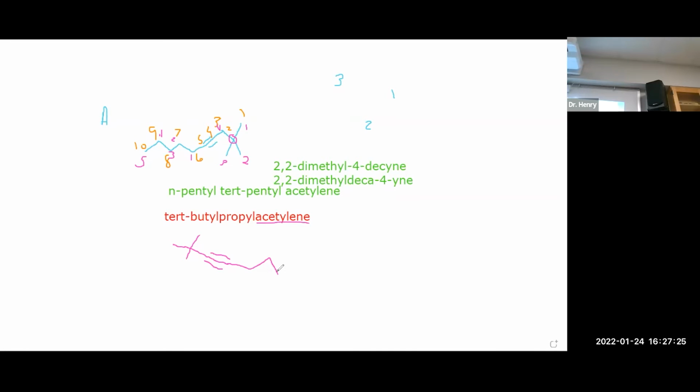You're saying the triple bond will always go away from the... Yeah, so the triple bond is going to be in the middle if there are two components. The triple bond is going to be at the end if there's only one. So for instance, if it was, say, 1, 2, 3, and then we'll go.